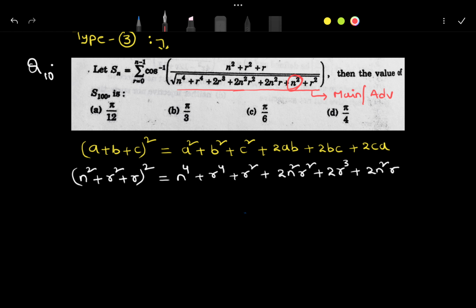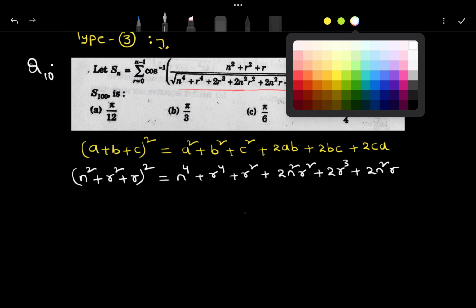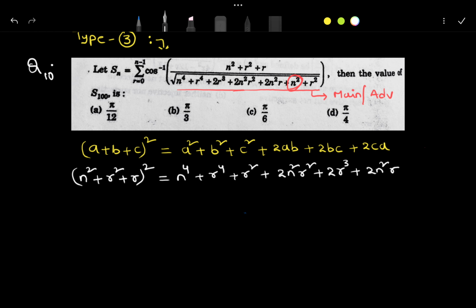So this value is obtained by adding n² on both sides. Now the denominator will be equal to this one.